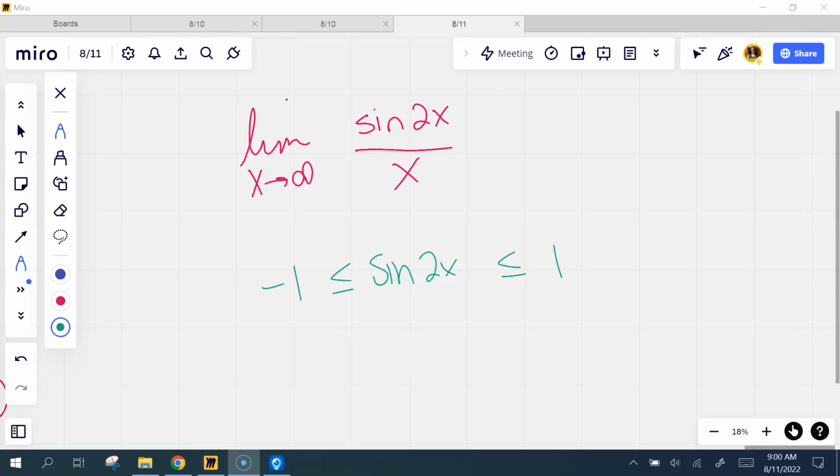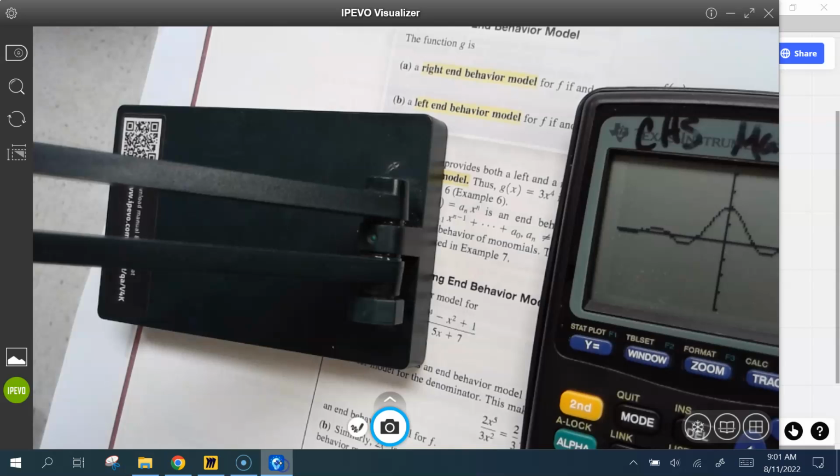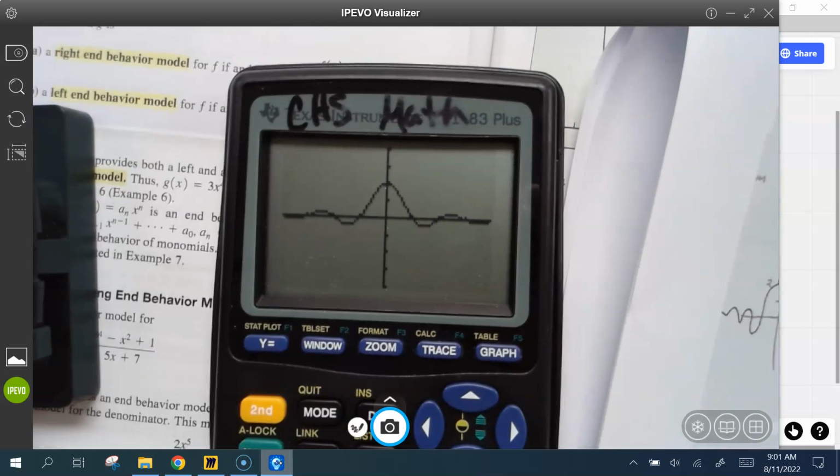By definition, if I go to infinity and I get a constant value, that means there's a horizontal asymptote, right? So is there a horizontal asymptote at 0? No? You don't think so? But what's it oscillating towards?